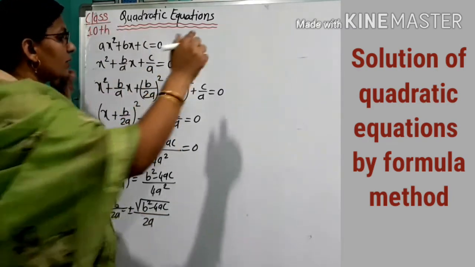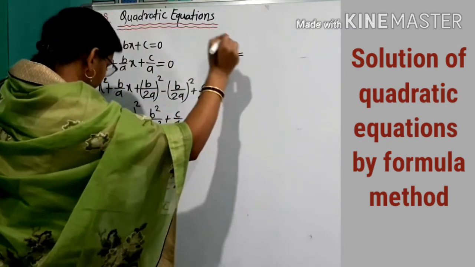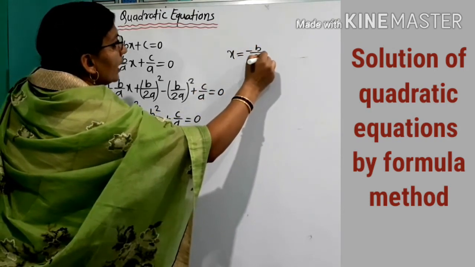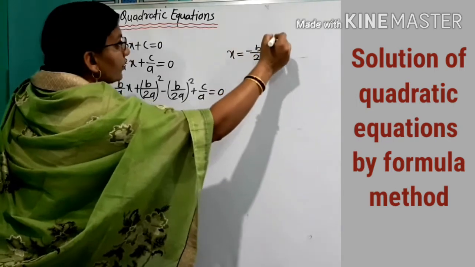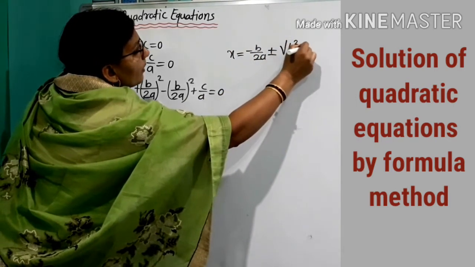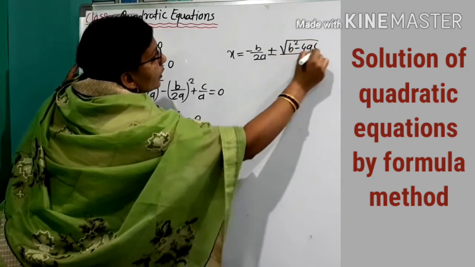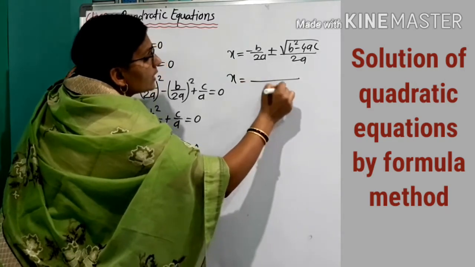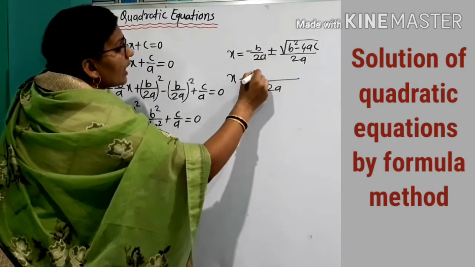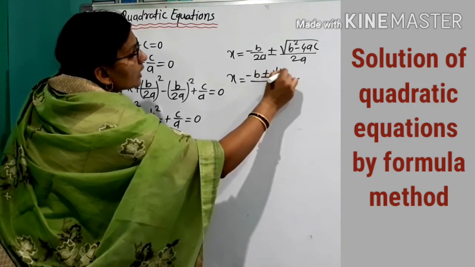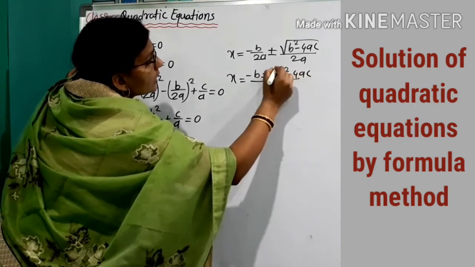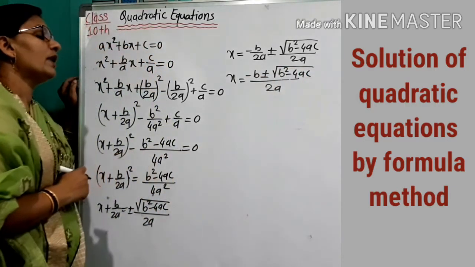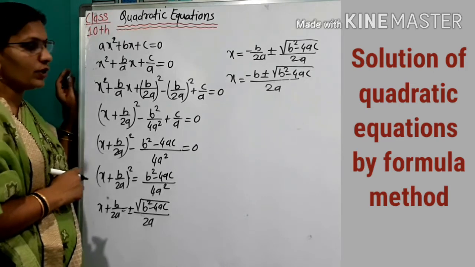So it is also written as x equal to minus b upon 2a plus or minus root b square minus 4ac upon 2a. So x equal to minus b plus or minus root b square minus 4ac, all upon 2a. This is the formula for finding the solution of a quadratic equation by the formula method.